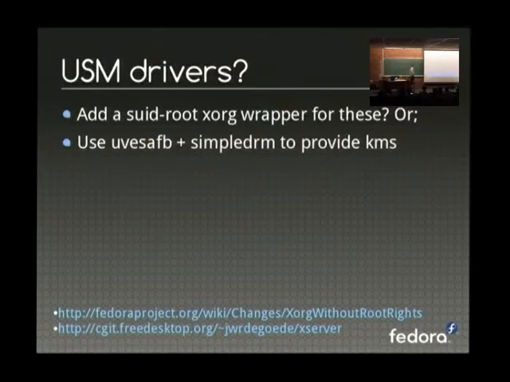The first option is probably what I'll be doing somewhere in the next weeks. Add a setuid root Xorg wrapper, which completely makes no sense. I'm killing Xorg running as root, and now I'm adding a setuid root wrapper. But it's probably the easiest way, and I can make it pretty safe. It can just check if there is a kernel mode setting capable card, and if there is one, it will just drop root rights immediately. 10, 20 lines of C code, which hopefully can be audited to be safe.